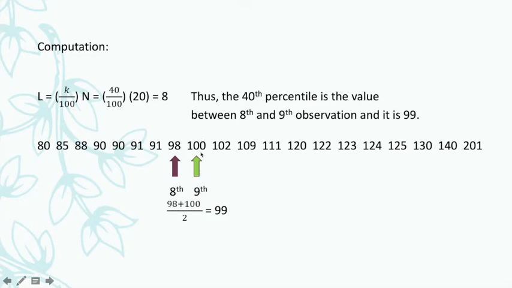What is the middle value? To get the middle value, you just get the average. 98 plus 100 divided by 2 is equal to 99. Therefore, the 40th percentile is 99.